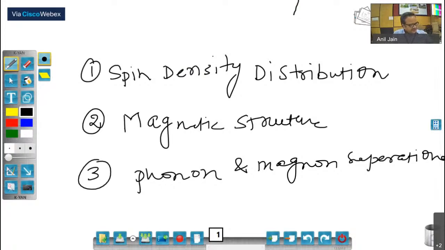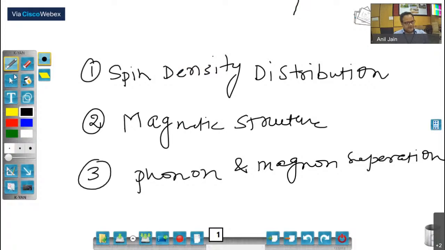So in this lecture, we will first learn how one can produce polarized neutron beams. I will start with the double differential scattering cross section for magnetic scattering.